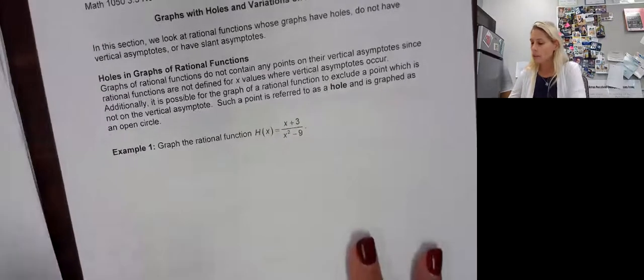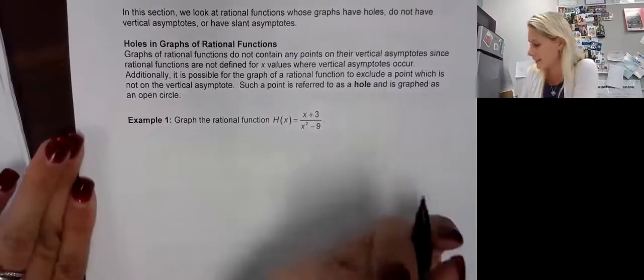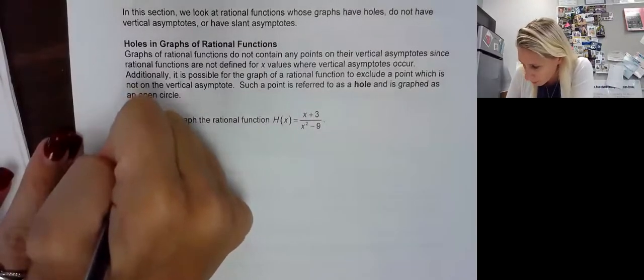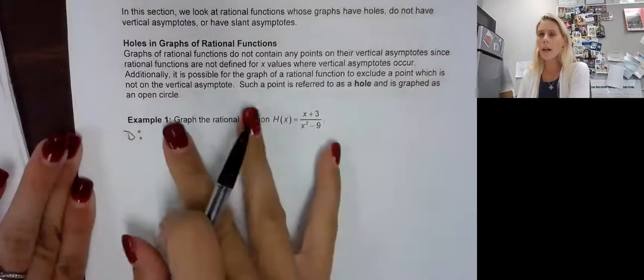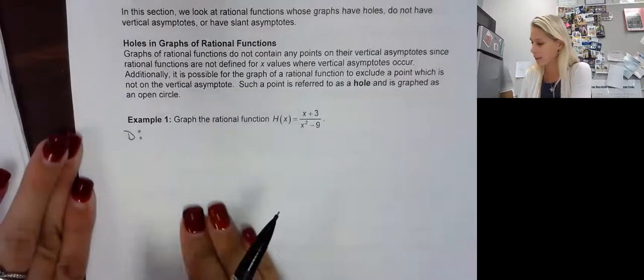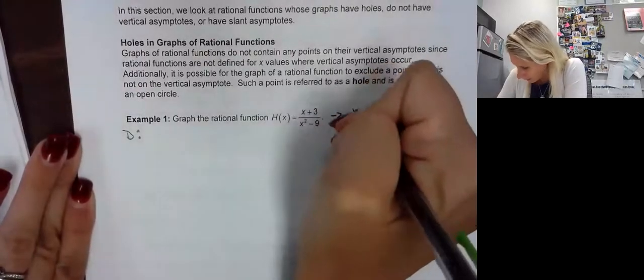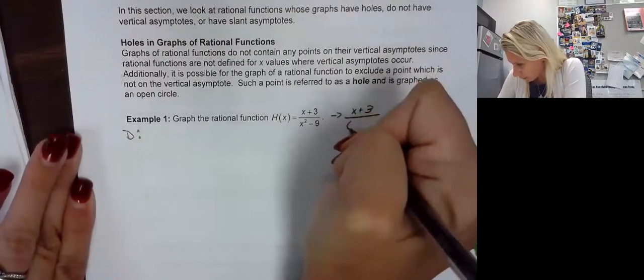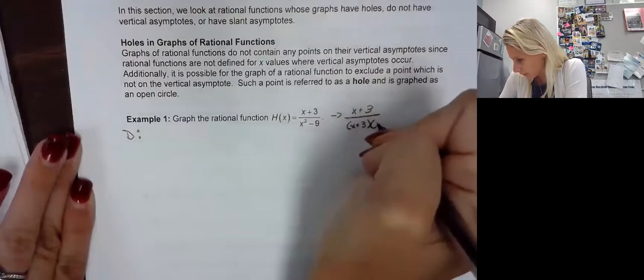So first of all, because in general we're going to be graphing these at the same time, we want to find the domain. So remember, we do the domain before we simplify it and everything. First of all, I see that I can factor out the bottom, so that way I can see what my domain is going to be.